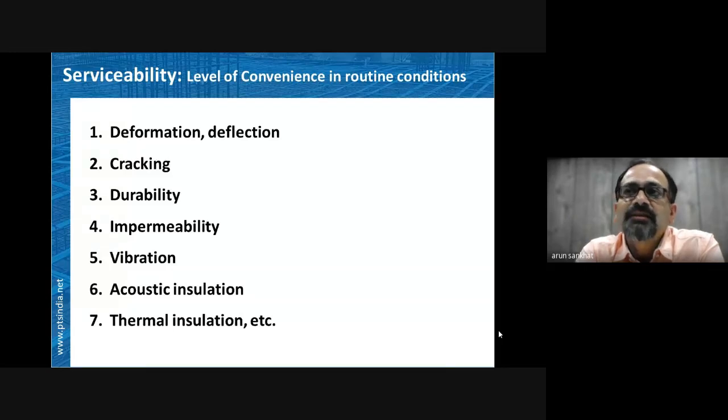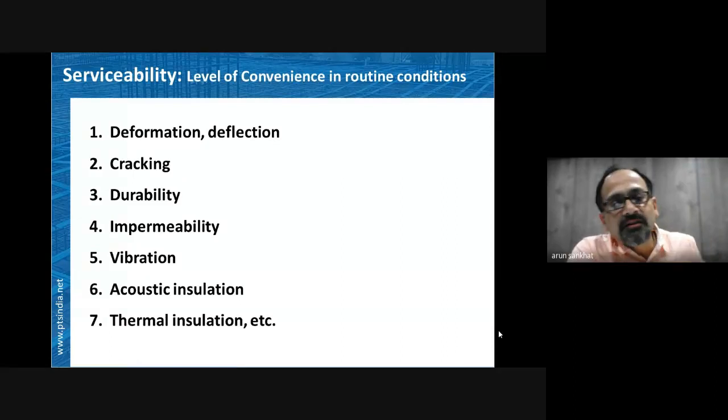For example, in a laboratory where precise measurements are of immense importance, the effect of vibration shall be considered, so that the vibration doesn't disturb the measurements in that laboratory or factory.